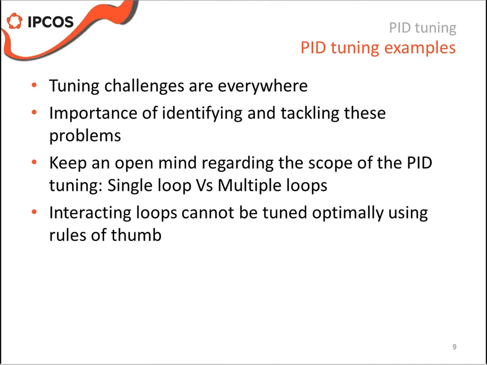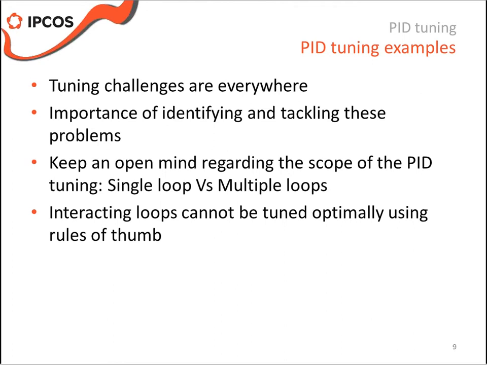It is quite important to identify and tackle these problems, otherwise they persist, and over time they can lead to other problems like safety issues such as wearing down of valves, etc. Really keep an open mind regarding the scope of PID tuning, whether it's single loop or multiple loops. When you start looking at a problem, you might find that there are interacting loops that are causing issues, which you probably did not envisage at the start of when you were looking at solving that problem.